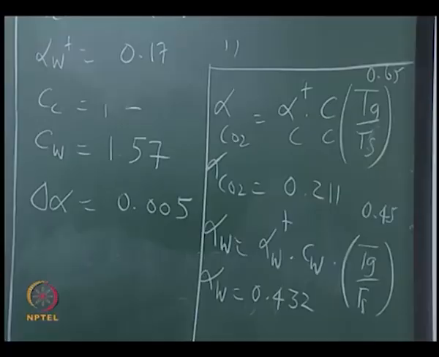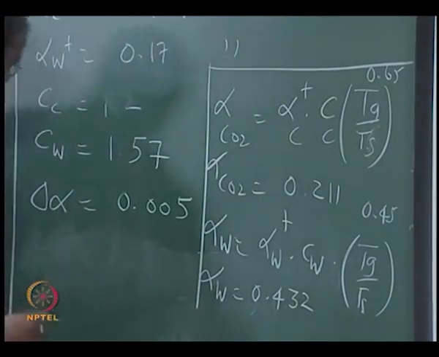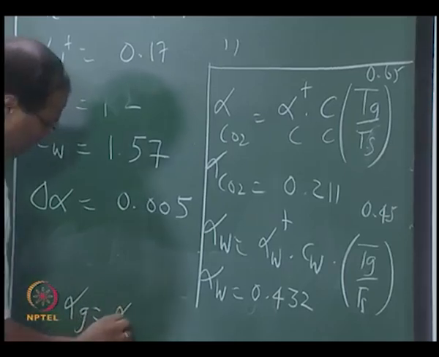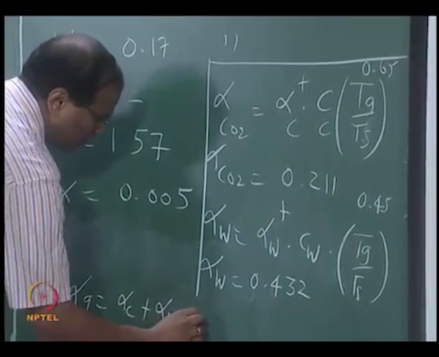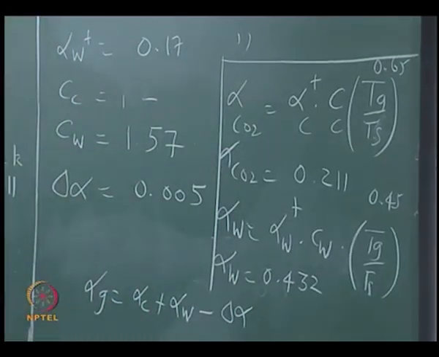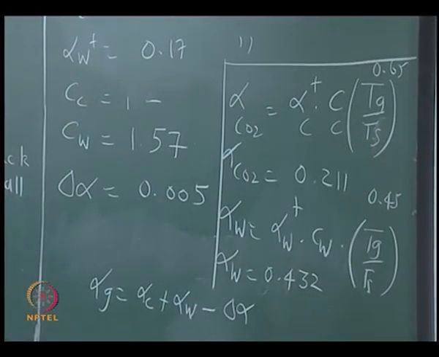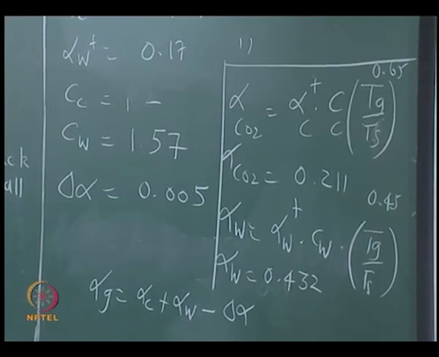Because I was expecting an alpha G of 0.6. If I have given the formula, that is, if I have given the correction factor afterwards, you take care of it.